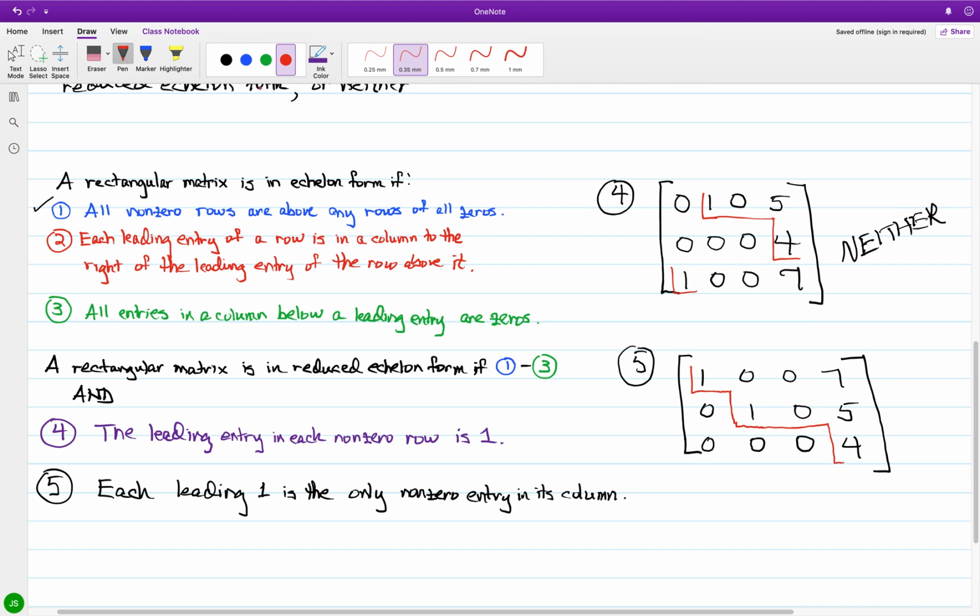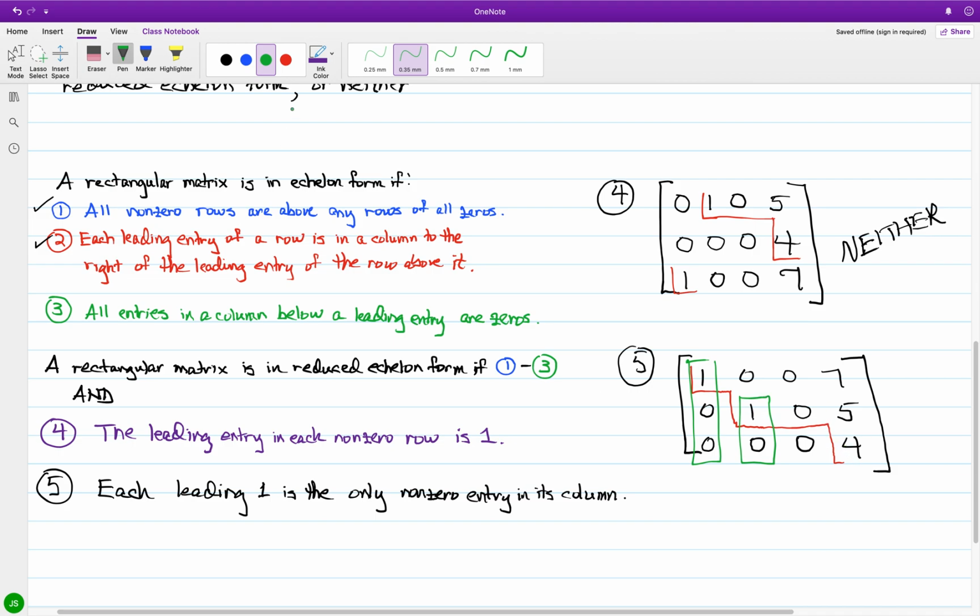So far so good. You don't have any 1s to the left in the next row with respect to the position of any 1 or non-zero entry in the row above. Then all entries in a column below a leading entry are zeros, so that part is satisfied.